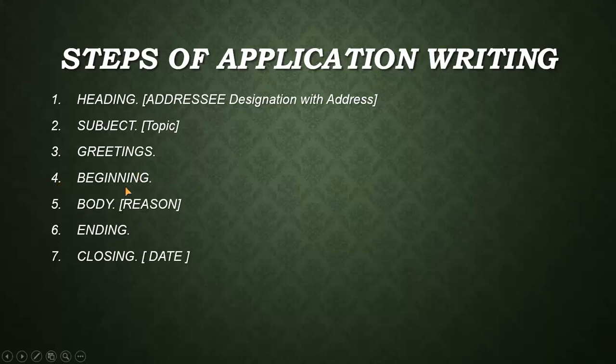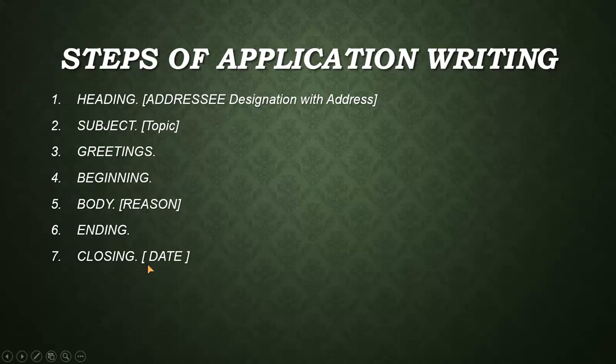Then the fourth step is the beginning, in which you are starting the application. And the fifth point is the body part of the application, in which you are actually writing the reason for the application. In the sixth part, you are ending the application, which means you are saying thanks to the person. And in the seventh part, you do the closing of the application.